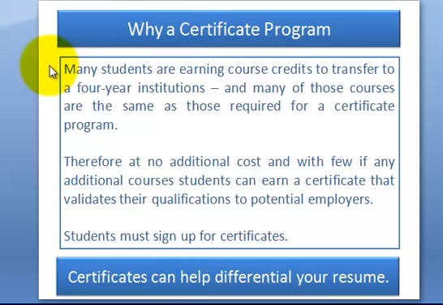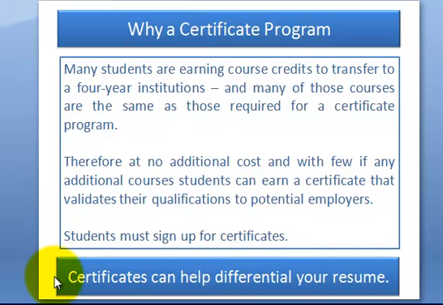Well, many students are earning course credits to transfer to 4-year institutions, and many of these courses are the same as those required for a certificate program. Therefore, at no additional cost and with few if any additional courses, students can earn a certificate that validates their qualifications to potential employers. However, students must sign up for these certificates, and we'll show you how in a minute.